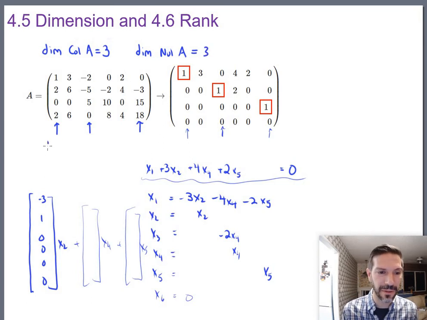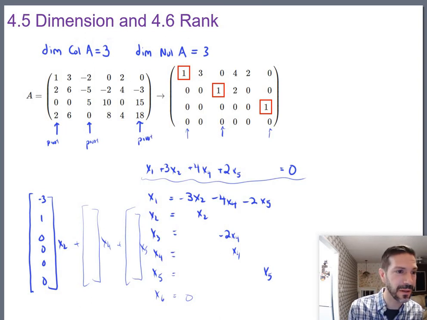So notice what we have is like 3 pivot columns, and the remaining ones are free. I feel like I should use a different color. Okay, free, free, free.